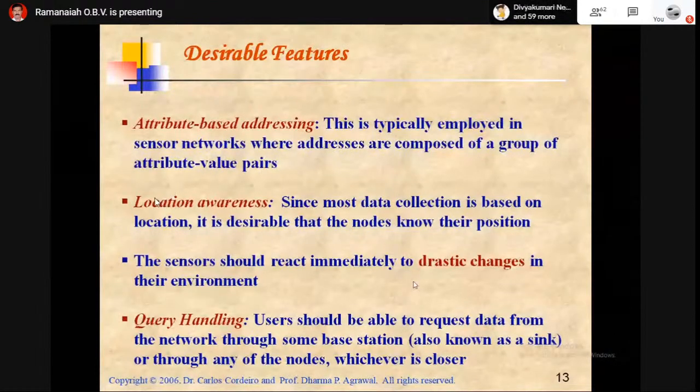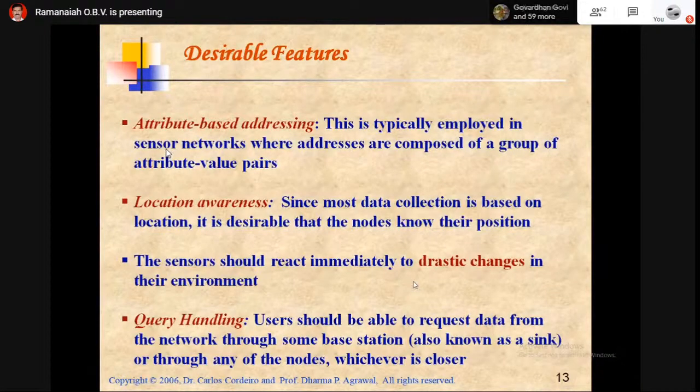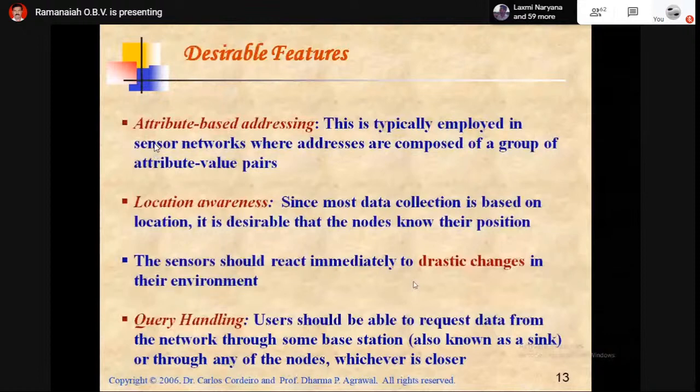So how to address? Data-centric addressing is fine, but more specifically it is attribute-based addressing. For example, you specify the query in an ordered way: the first parameter is the name of the attribute, the second is its value.